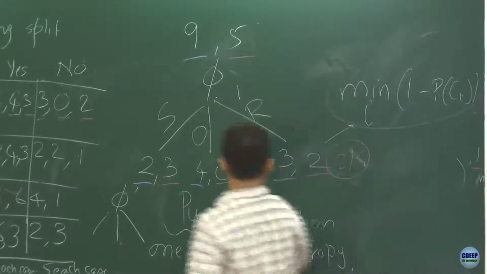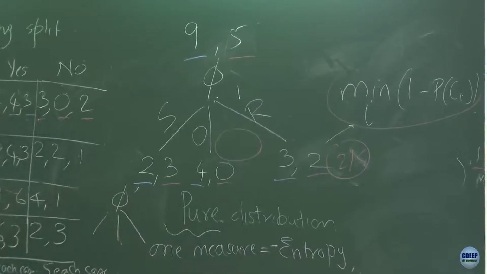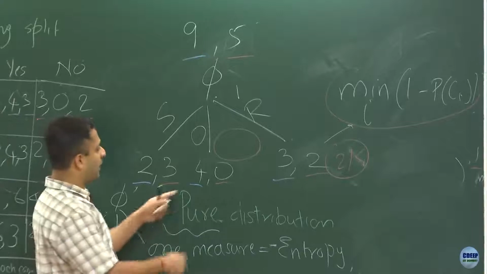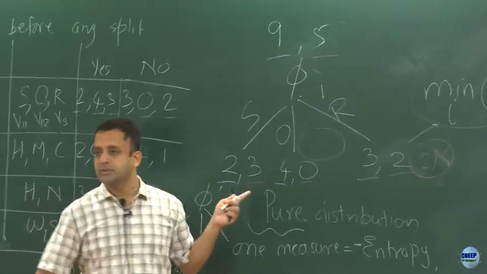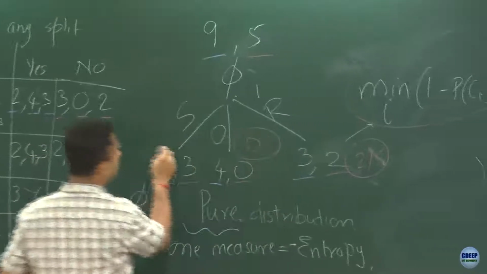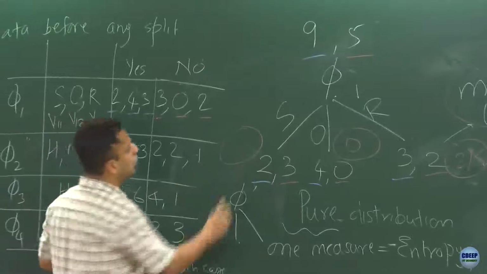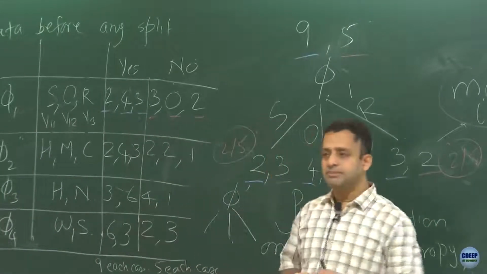As per this, the impurity here would be min of 1 minus 4 by 4 and 1 minus 0 by 4. So this will be 0, there is no impurity here, and this impurity is again 2 by 5. Okay, so makes sense.